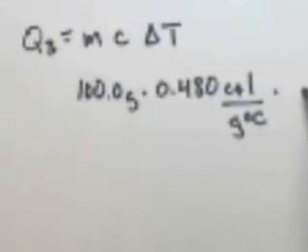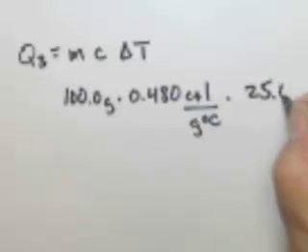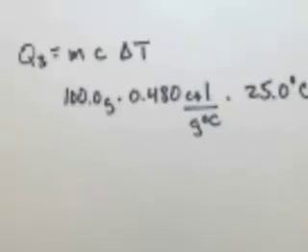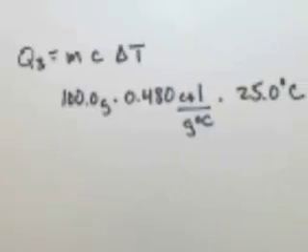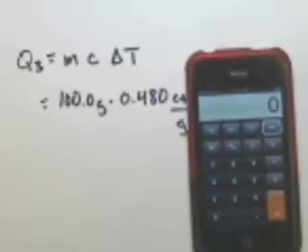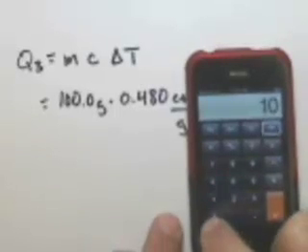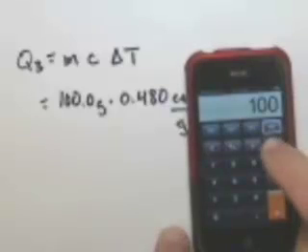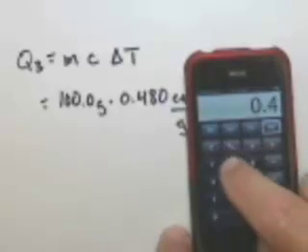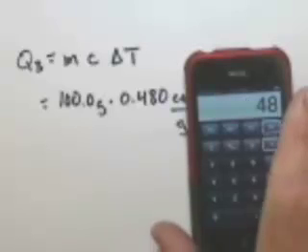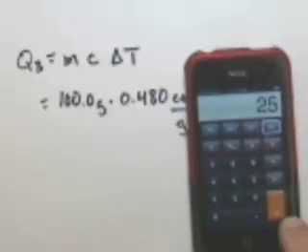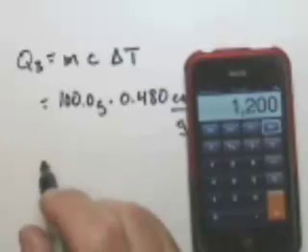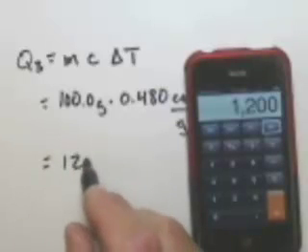And we're changing the temperature from 100 to 125, so therefore there's a 25 degree temperature difference. 100 grams times 0.48 times 25 degree temperature difference is going to give us a nice even round number of 1,200.